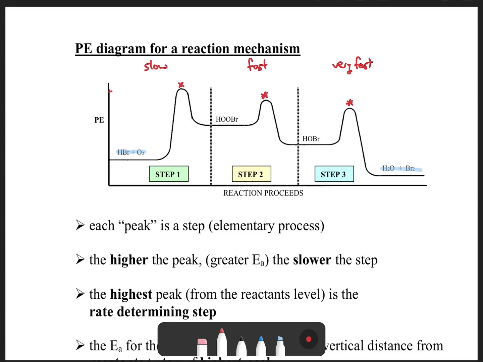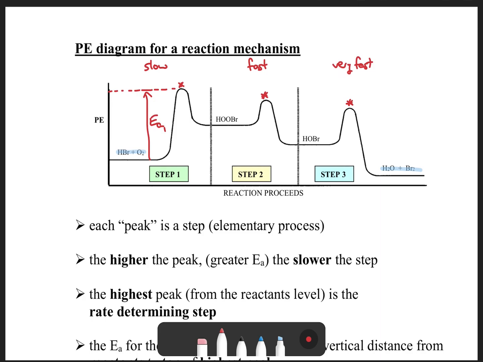The reason why step number 1 was our slow step is that the activation energy for step number 1, the EA1, is the greatest of all of the steps. So if we supply enough energy to overcome step number 1, we have enough energy for steps 2 and 3.